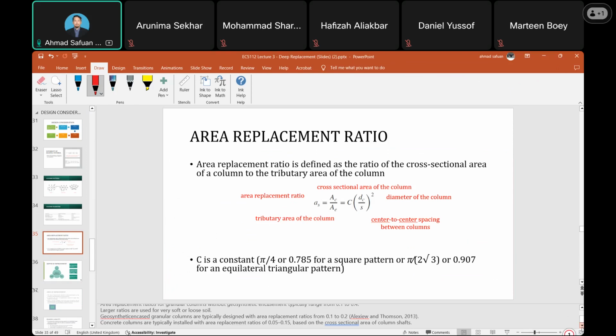So that is a typical range of area replacement ratio for the stone columns.